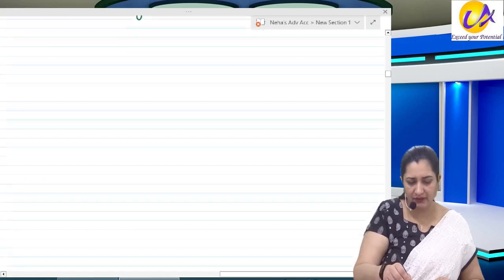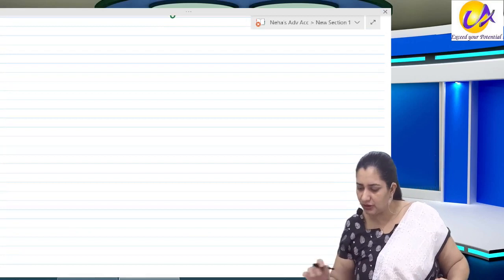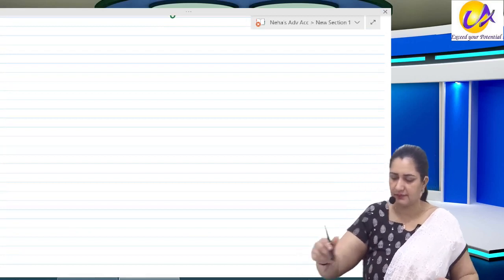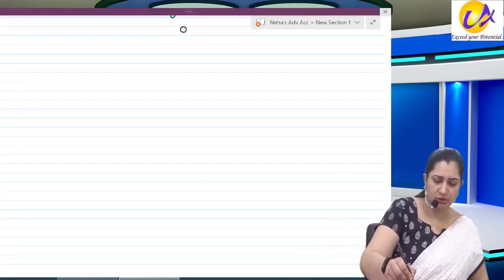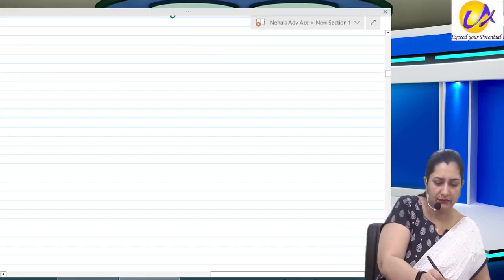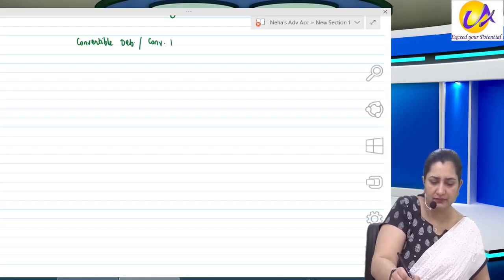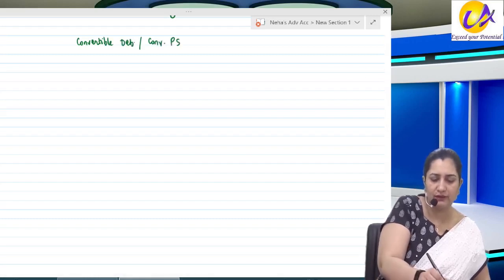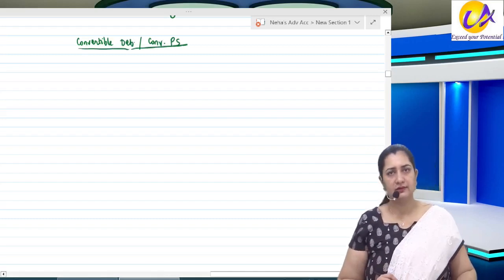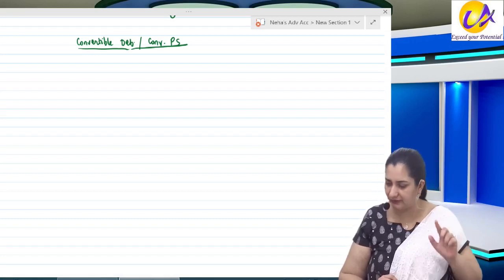Again, I'm giving this example for point number J. Write over there, share capital J. You have to write in the notes that convertible preference shares or convertible debentures are there. They will have a date of conversion, the date on which they will be converted. So we have to give the dates.